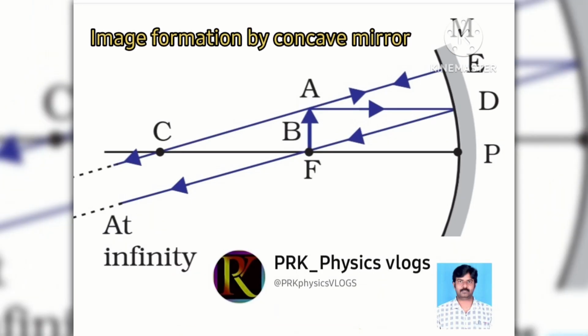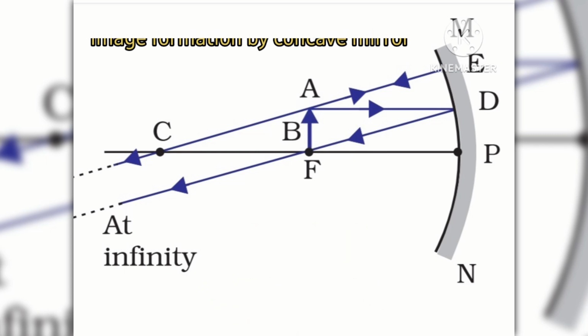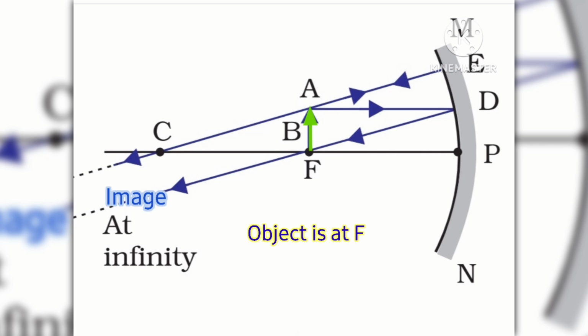Image formation by the concave mirror. In that, ray diagram number 5, that is, object is at focus. If an object is at focus, image is formed at infinity. To get the image of an object, we need to consider two rays. One ray is parallel to principal axis. We know after reflection, the ray passes through focus.